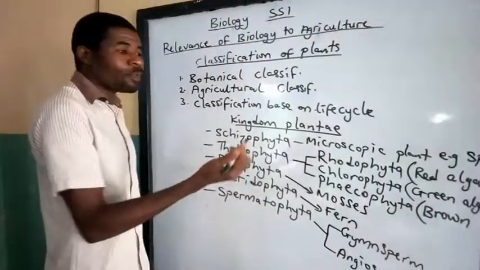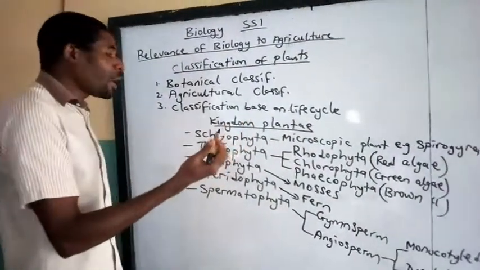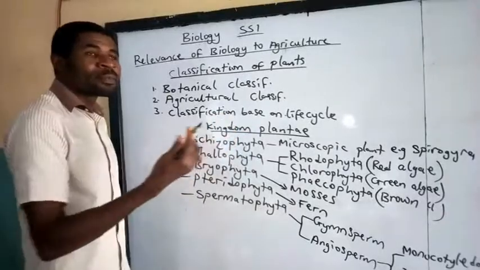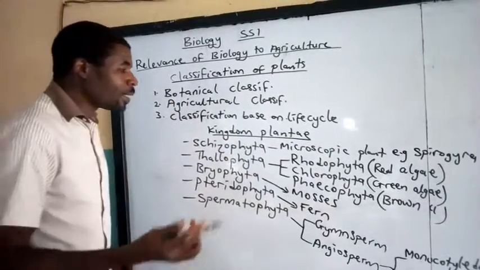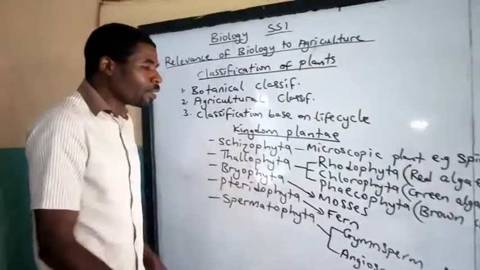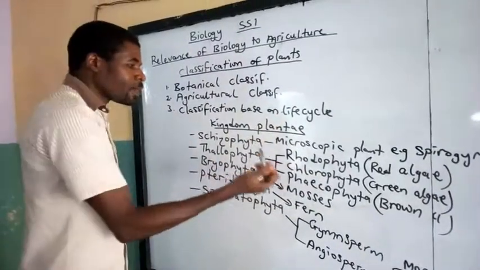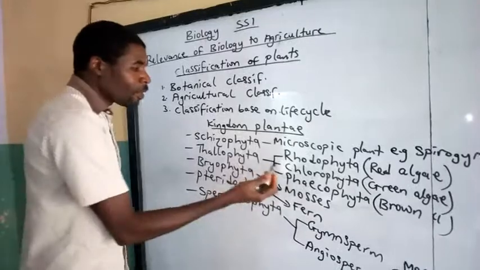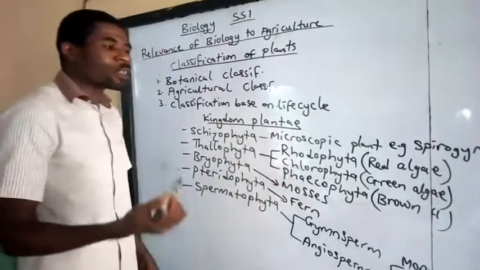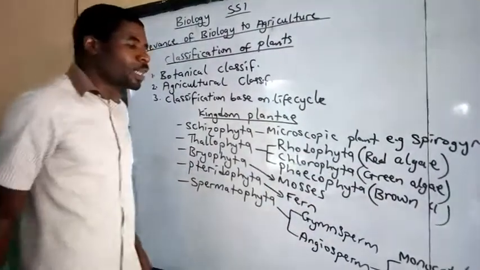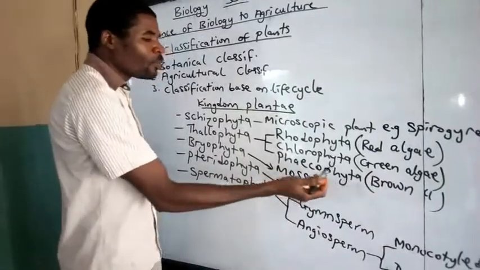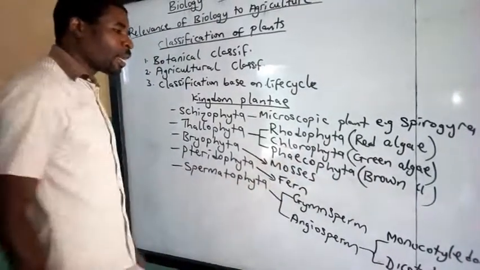While the thallophyta are mostly the algae, and algae are divided into three. We have the rhodophyta, which are mostly the red algae. Then we have the chlorophyta; from the name chloro, we are looking at green, so they make up the green algae. You have the phaeophyta, which are the brown algae.